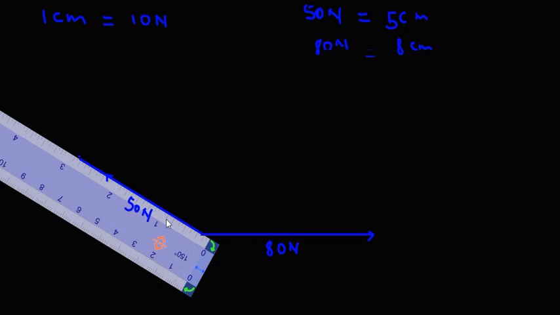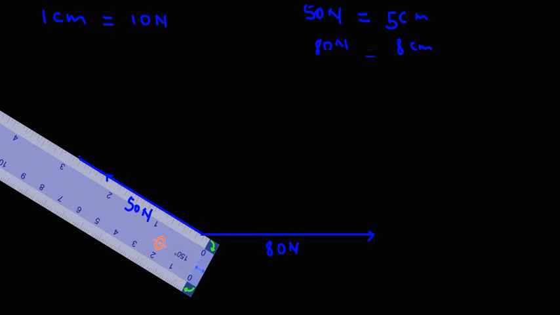I want to draw the 50 Newton force on the other side, here, like this. Because this is the line that I want to draw, I must put my ruler on top of the line as it is right now.